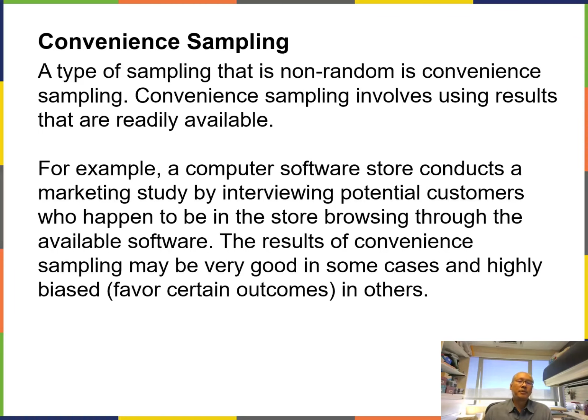And here's another example, convenience sampling. So convenience sampling is not so random. It's just what's most convenient and readily available to you as somebody doing the study. So if you're doing a study, for example, of computer software stores, if you work in a computer software store and you want to conduct a marketing study, then you can simply ask the people that come into your store, because that's most convenient.